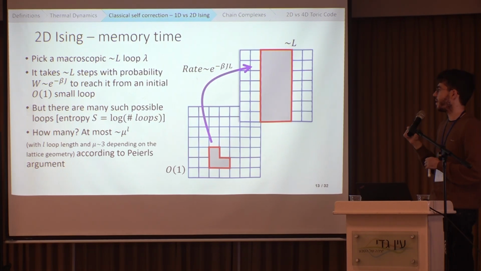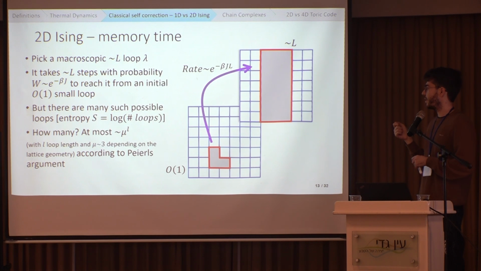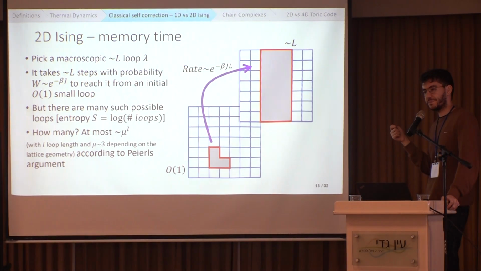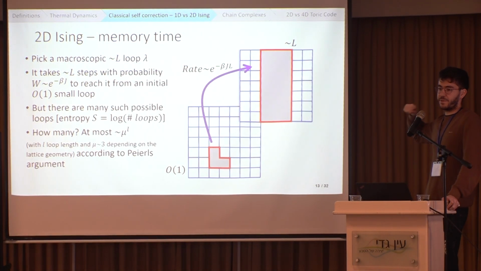And we know, according to detailed balance, that this energy cost comes in the rate. What's the probability for doing these steps that cost us energy? Because the cost is very large, the rate is very suppressed.